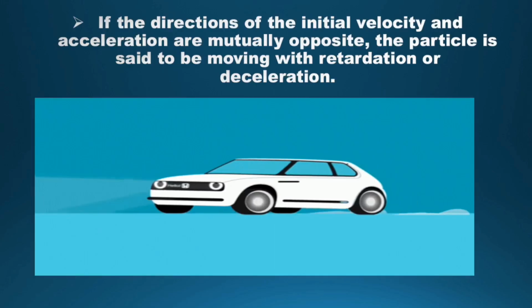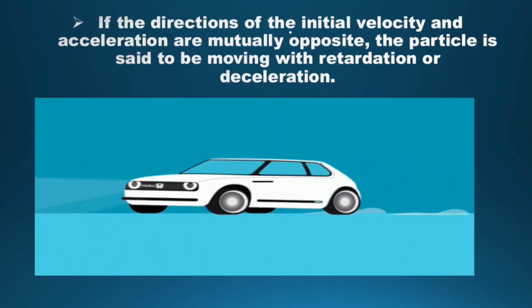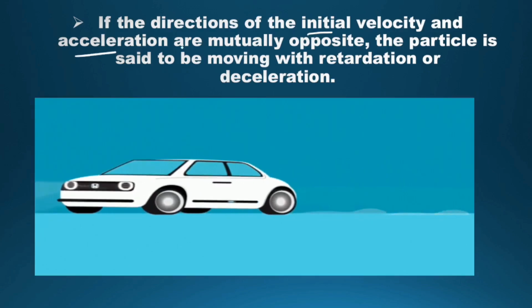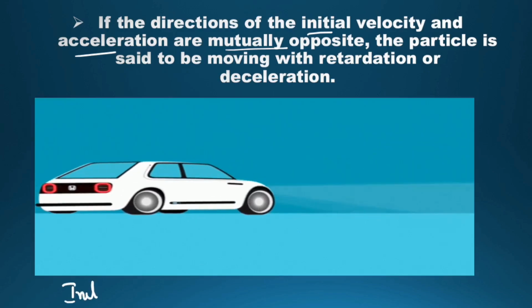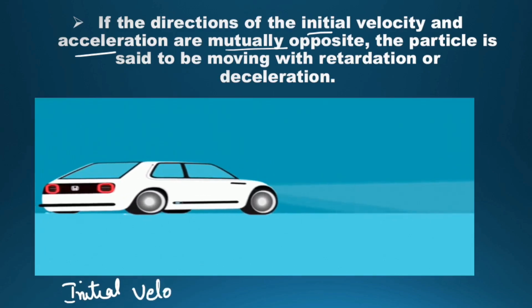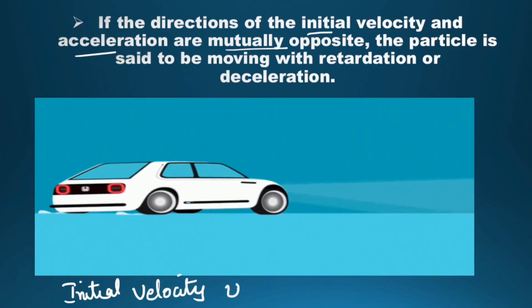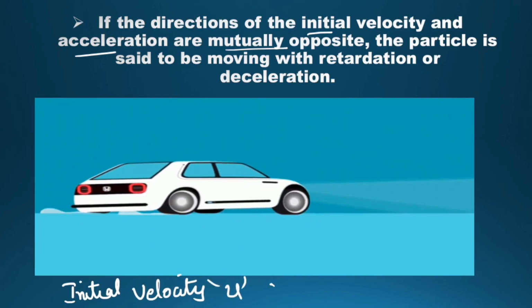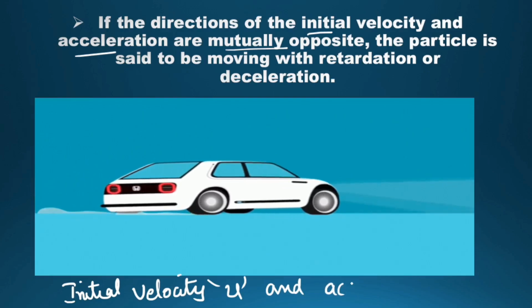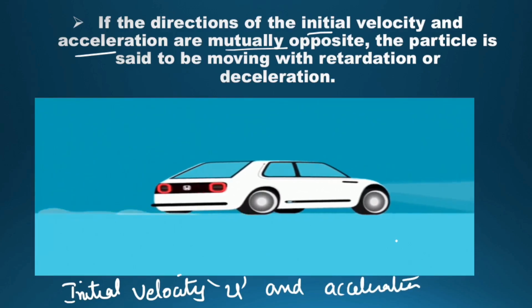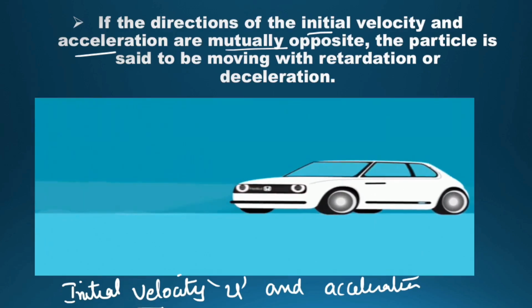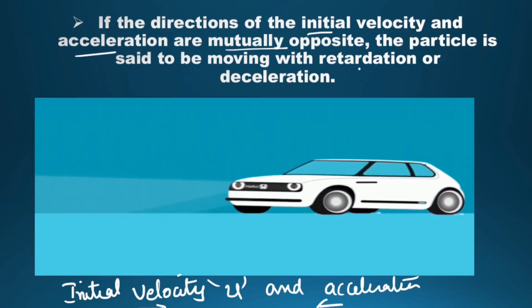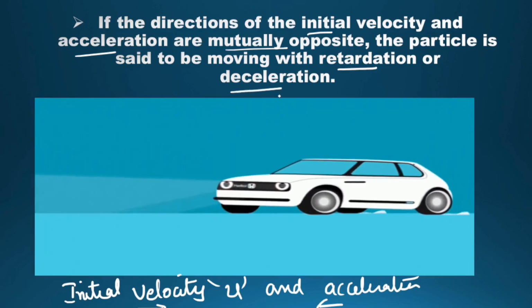See, we can also say, if the directions of the initial velocity, let it be u, and acceleration are mutually opposite, then the particle or a body is said to be moving with retardation or deacceleration.